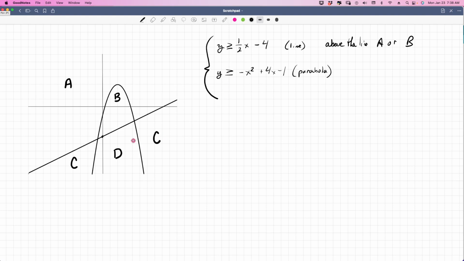So all we have to do is pick a point inside of B. So I'm going to pick this point right here, 2, -1. So -1 is greater than or equal to negative, and this is positive 2 squared plus 4 times 2 minus 1.